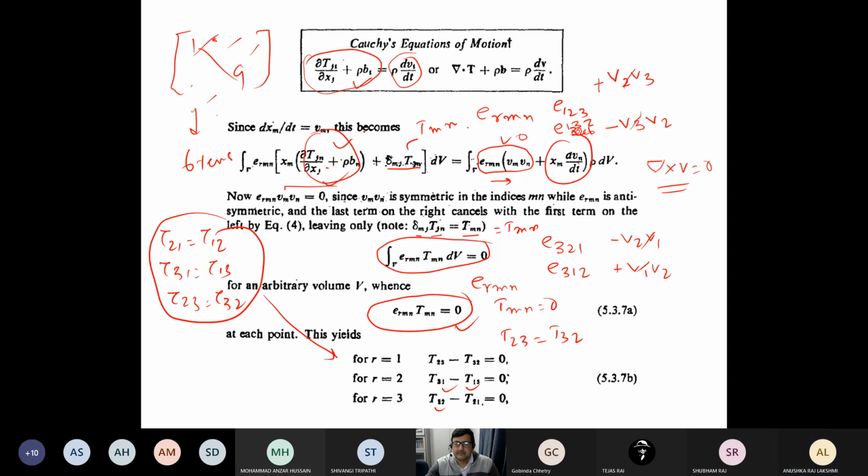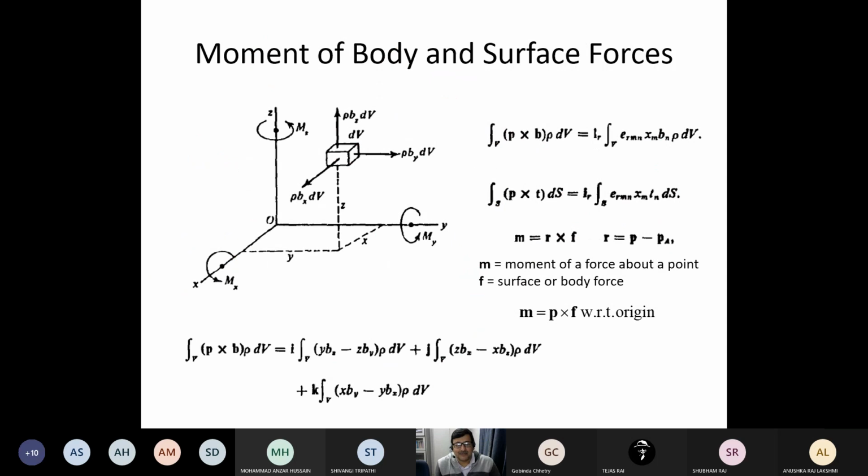Rotational flow has nothing to do with this angular momentum balance. Angular momentum balance has to do with how your stress-strain correlations are changing with the movement. You have to understand where I am coming from. When I'm rotating this, what are Mx, My, and Mz?